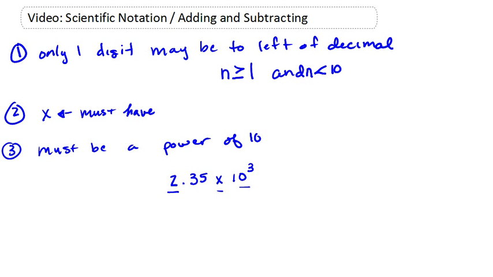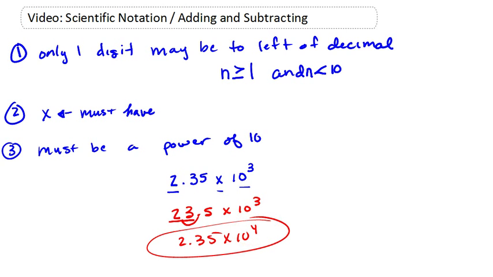Now this number, on the other hand, is not in scientific notation because I have a number larger than 10. So I would need to move my decimal one place here and change it to 10 to the fourth. So this would be in correct form.